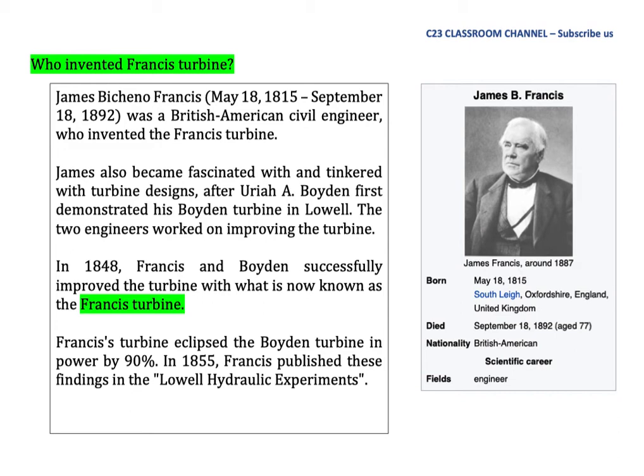In 1848, Francis and Boyden successfully improved the turbine with what is now known as the Francis turbine. The Francis turbine eclipsed the Boyden turbine in power by 90%. In 1855, Francis published this finding in the Lowell Hydraulic Experiments.